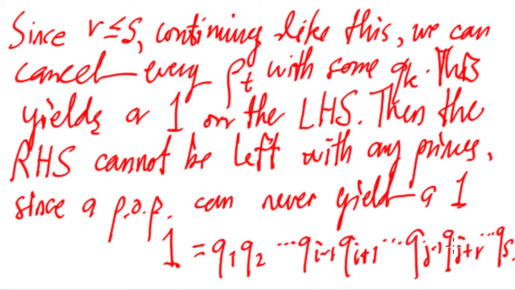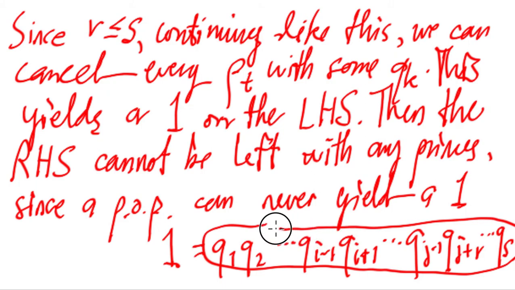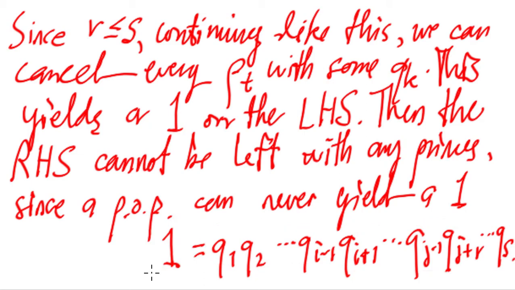Okay, so again, this part here, the right hand side, cannot be left with any primes since the product of primes can never yield a 1. So multiply any primes, the lowest prime is 2. So multiplying 2 with any other primes is never going to yield us this value 1. Thus we must have exhausted all q sub k's by now.